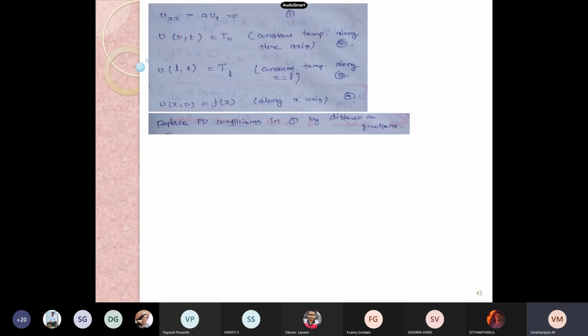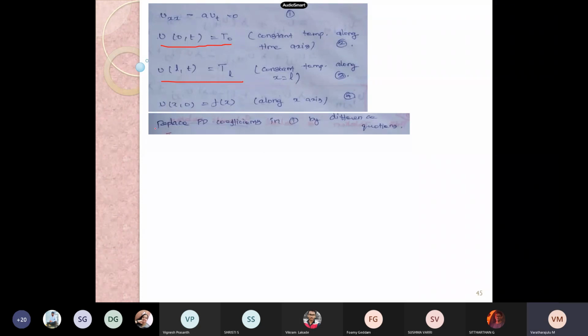This is the boundary condition: u of 0 comma t is equal to t naught, that is, constant temperature along the time axis, and u of l comma t is equal to t l. This is the left vertical boundary, and this is the right vertical boundary. Constant temperature along x is equal to l.